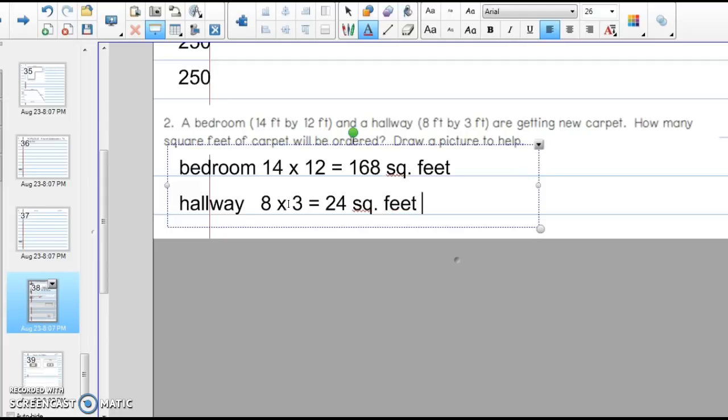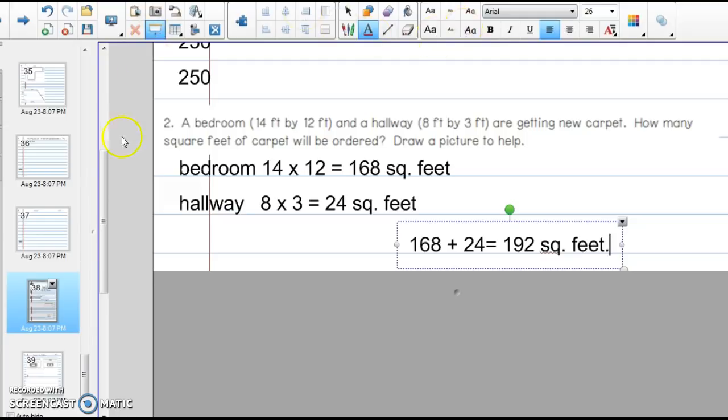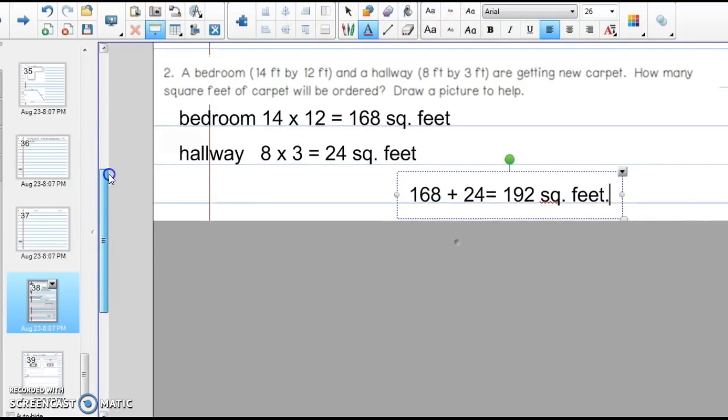So the hallway needs 24 square feet of carpet. To do both, of course, you should have added 168 plus 24 square feet for a total of 192 square feet of carpet. If you did not get 192, make sure that you go back and find your mistake and correct it on your notebook page.